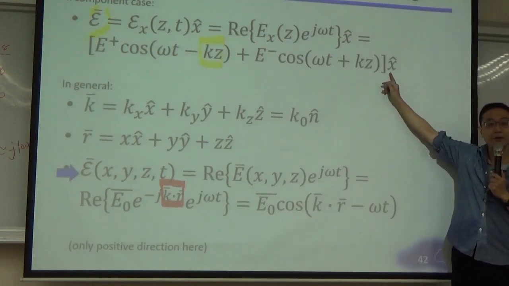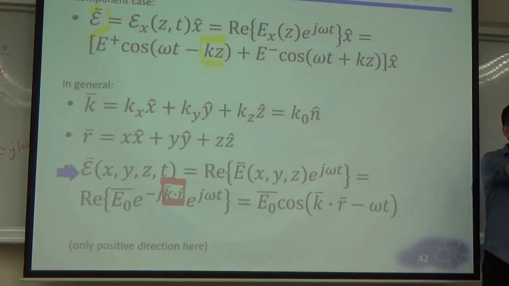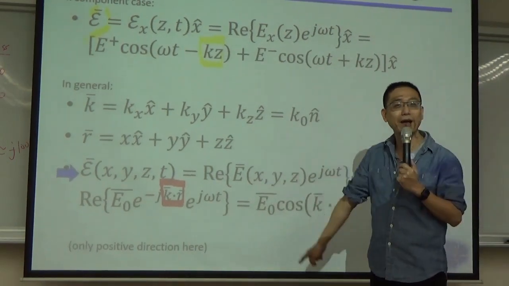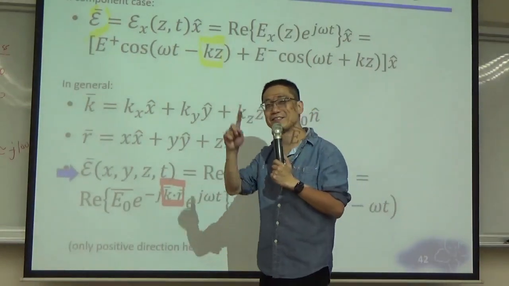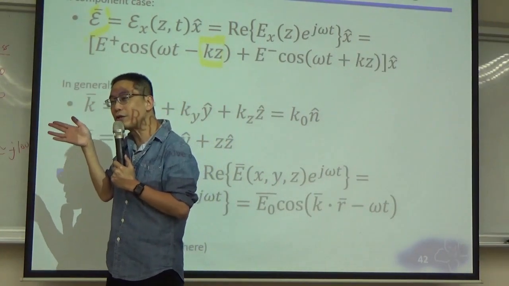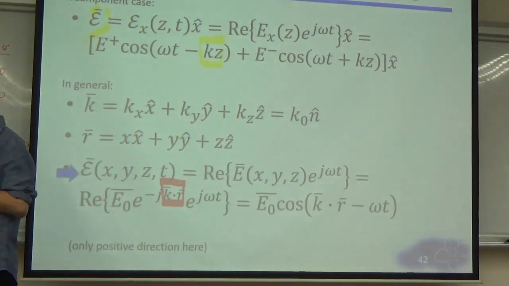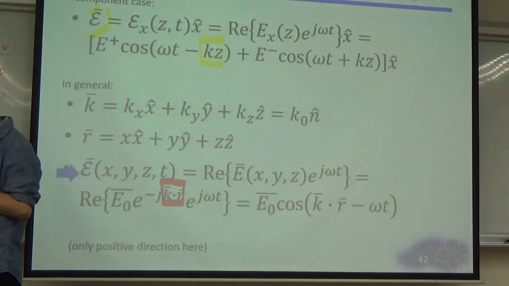But I'm telling you there is some case where your E field is changing with time. Your wave is moving in the Z direction, okay? But your E field, not only X, it will change with time. Can you imagine?